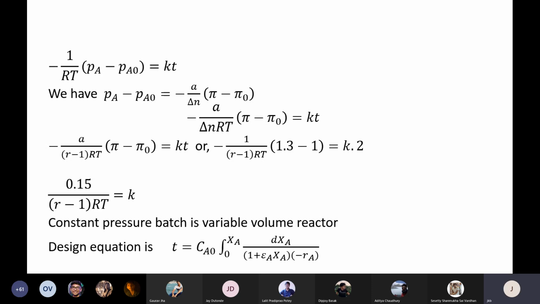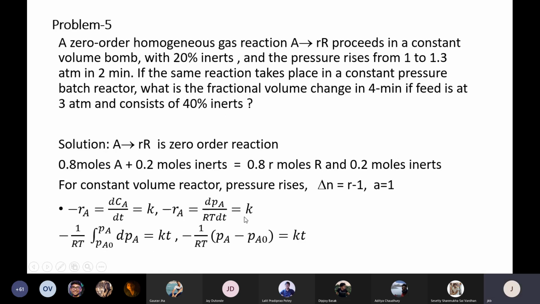So the next part, constant pressure batch, that is a variable volume reactor, and apply the theory of variable volume reaction. Design equation: why variable volume? Because as per the stoichiometry A is giving RR, not 1 mole of A producing 1 mole of R, R moles of R are produced.